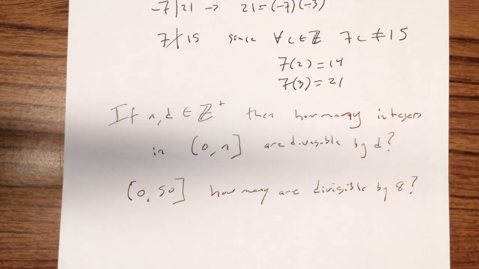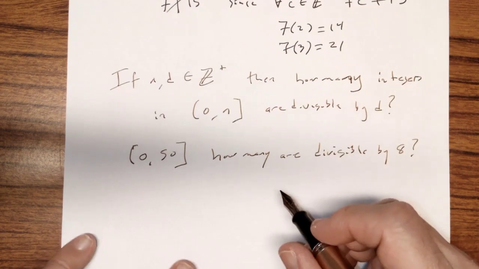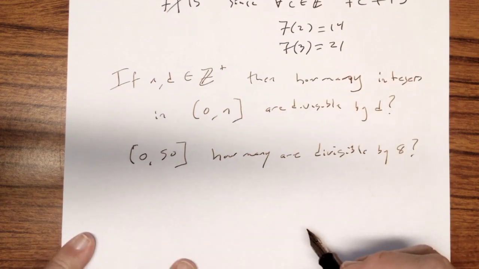Now you could start listing them all out, right? You could say, all right, I'm going to list out all the multiples of 8 until I get to something that is bigger than 50.